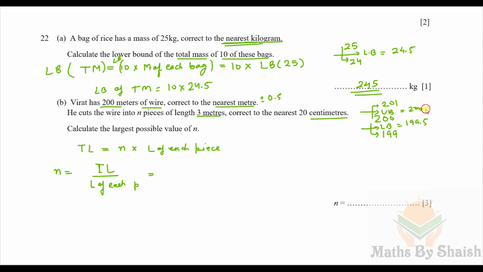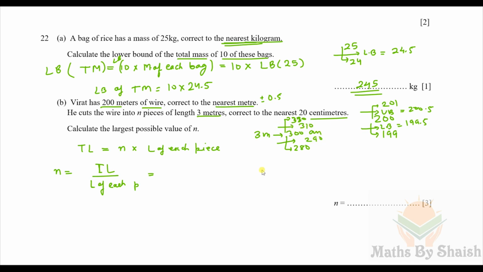200.5. For 3 meters it is 20 centimeters, so 3 meters we can write as 300 centimeters, then it would be easy to find. 20 centimeters less is 280, 20 centimeters above it is 320. So the lower bound would come here, that is going to be 290, and the upper bound would be 310.